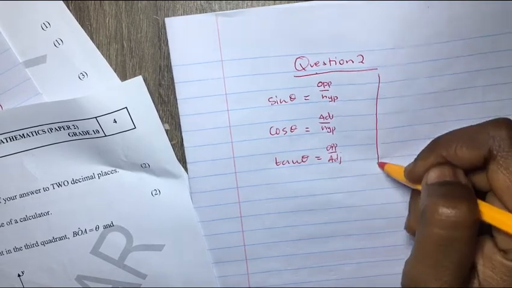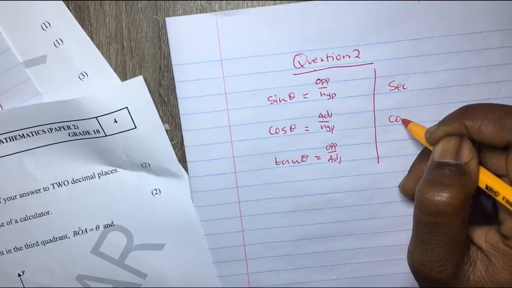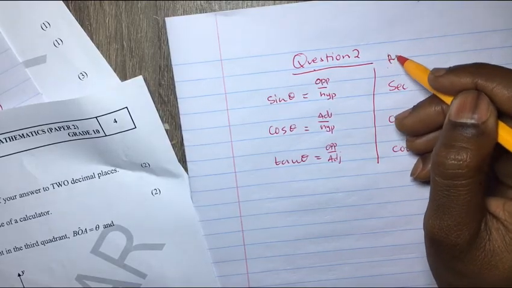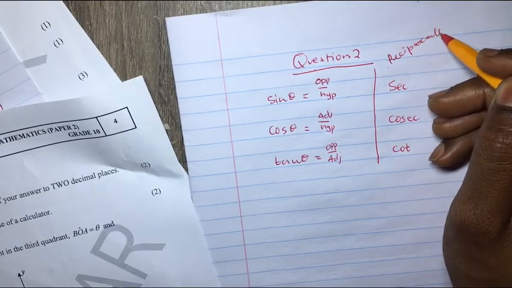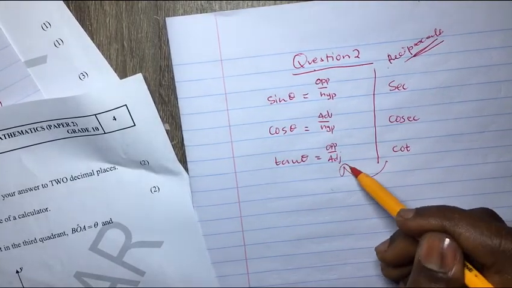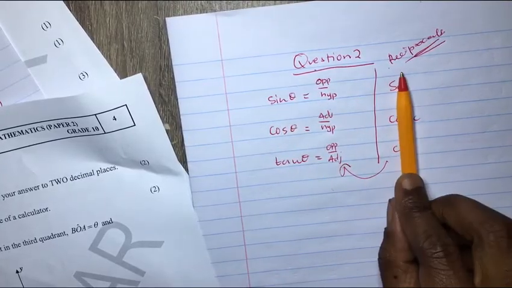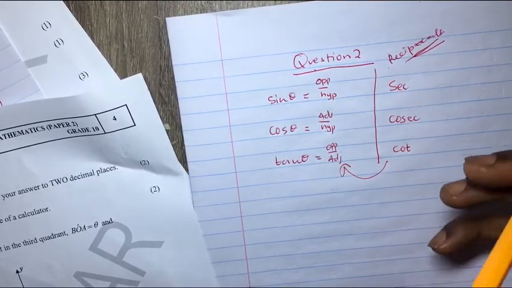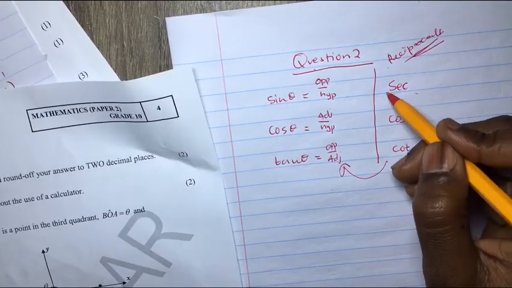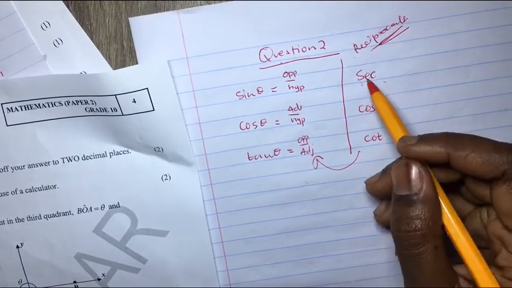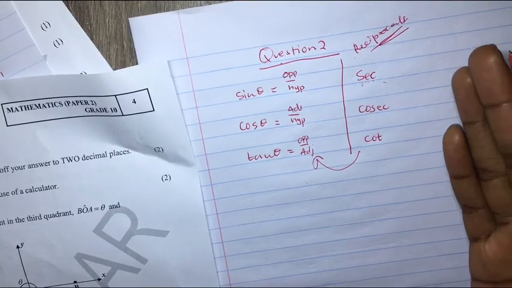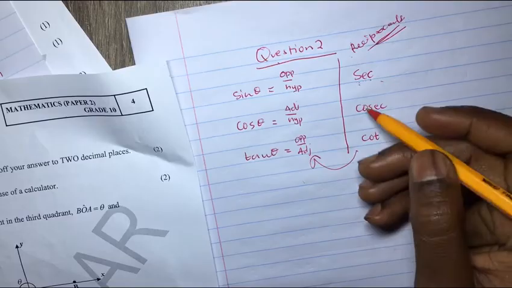Then we've got sec, cosec, and cot. These are the reciprocals of our normal trig functions. But what is the relationship between the two? We find it by counting the third letter of these ones. So how are you gonna know? You count the third letter and then it will tell you which reciprocal it is.